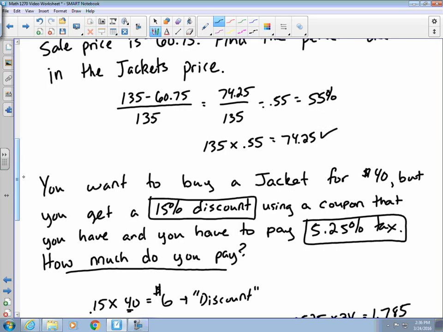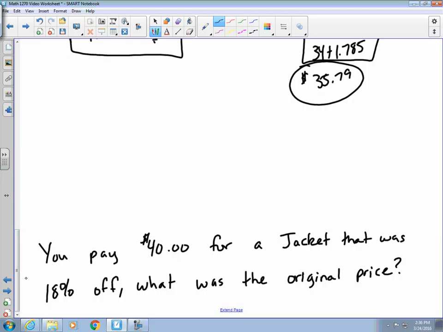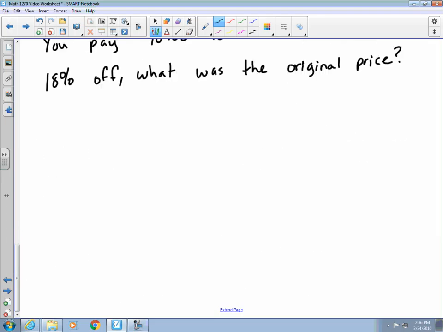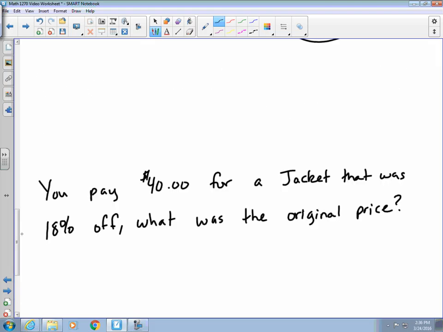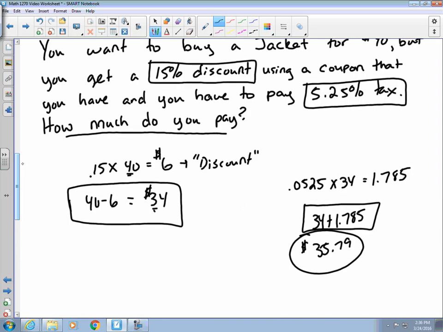Now they get a little bit harder, because you might have to figure out the original price. I'm going to come up with another one on top of this one too. But with this one, you have to work your way backwards and figure out what the original was. Now they're telling you what you paid, versus what we solved for last time, when we wanted to see how much you pay.